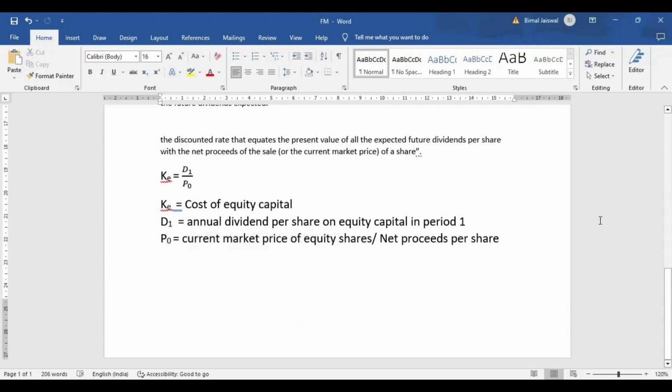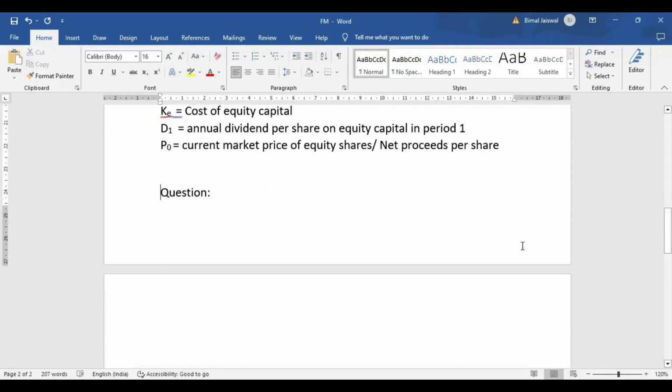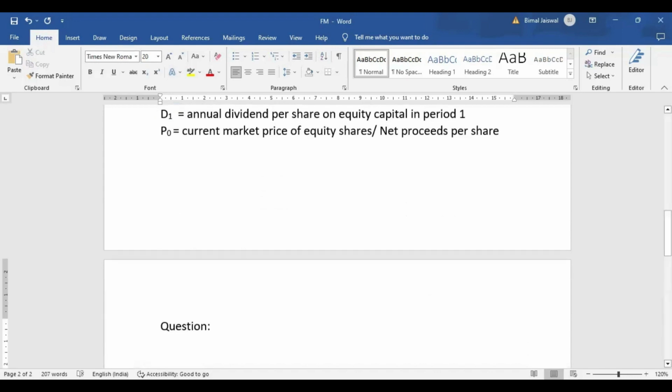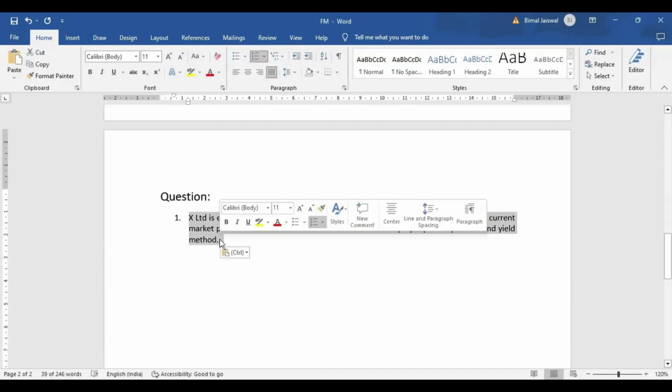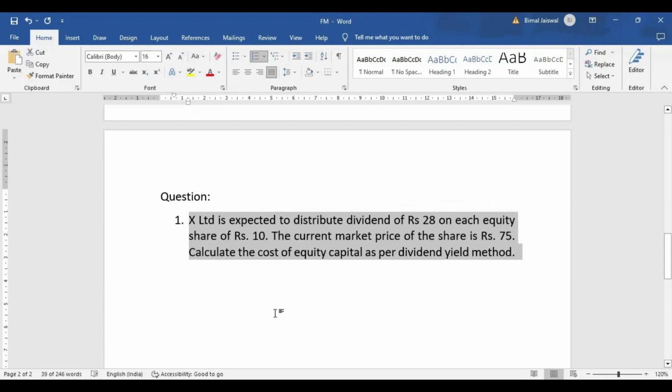Let me give you an example. Question: X Limited is expected to distribute a dividend of rupees 28 on each equity share of rupees 10. This is the amount of dividend to be distributed, and this is the face value of the equity share.